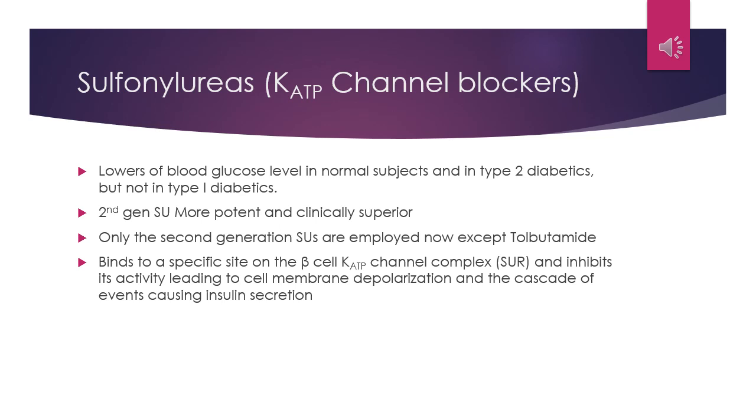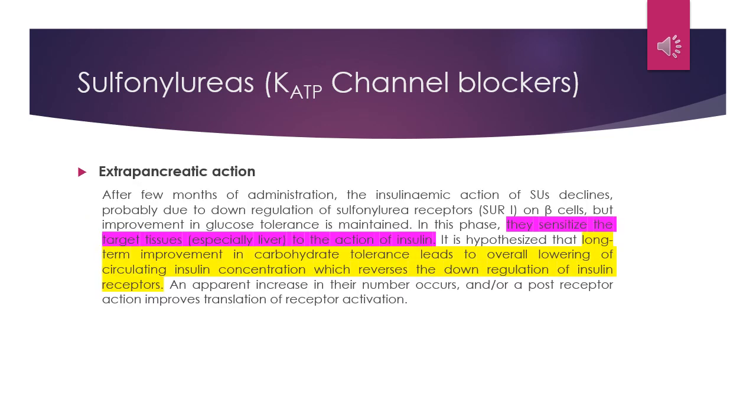You can understand from the discussion that sulfonylureas require beta cell function, requires presence of insulin in our body so that they can act. In the previous slide, we have seen that sulfonylurea causes insulin release. This is called insulinemic action of sulfonylurea. But after taking sulfonylurea for a few months, it has been seen that this insulinemic action is decreased.